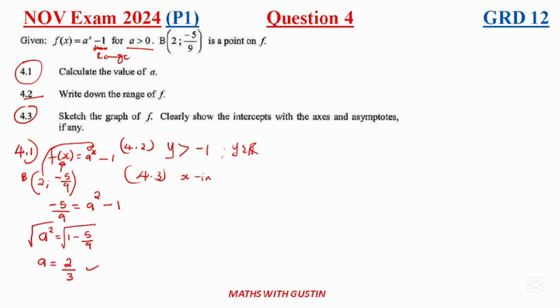We get the x-intercept when y is equal to 0. So on the graph there, f of x is equal to (2/3) to the power of x minus 1. We need to make y equal to 0, then we look for the x-intercept and also the y-intercept as well.